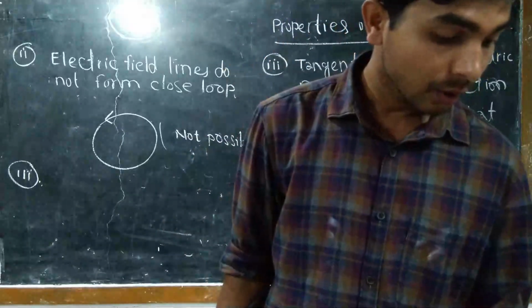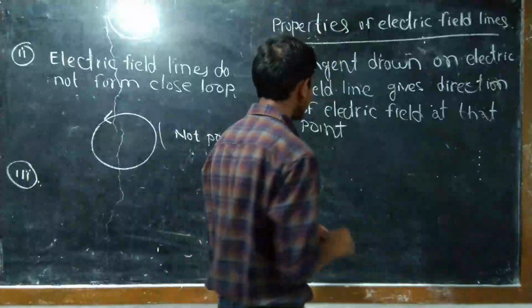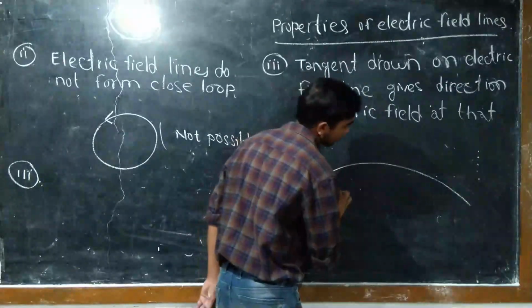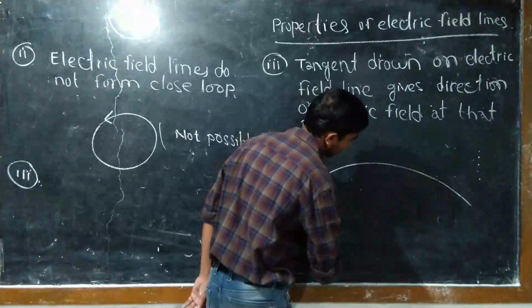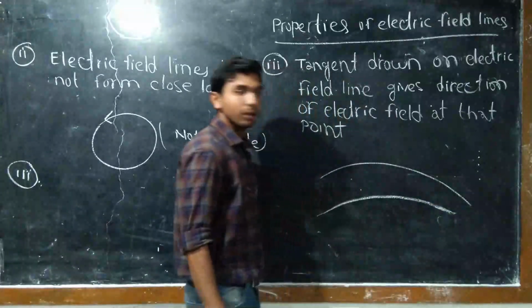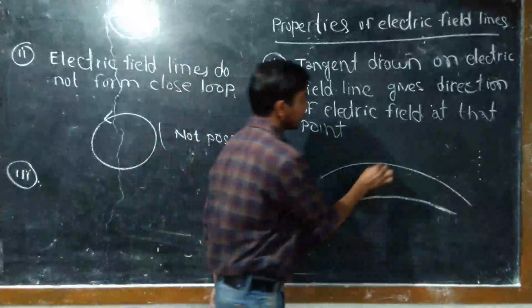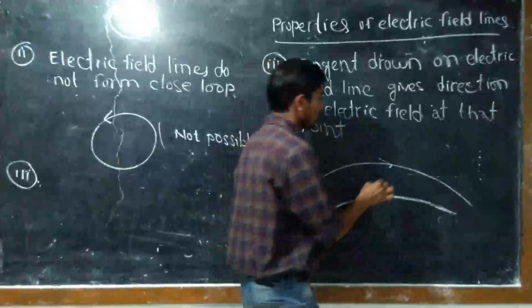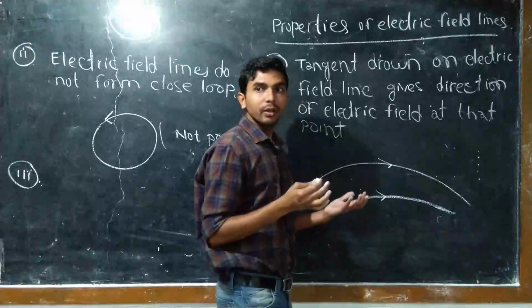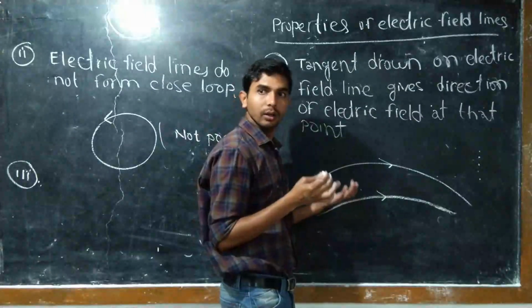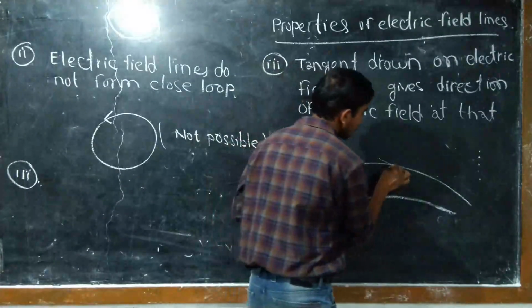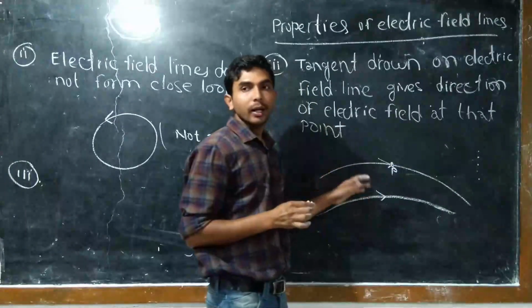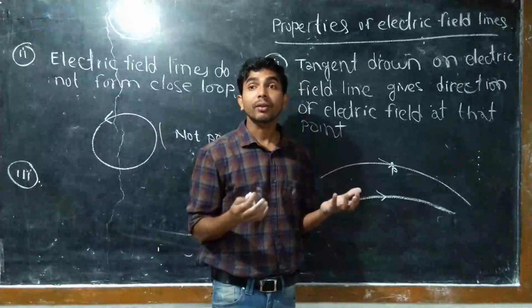Now you can see, suppose this is your electric field line. Suppose I am going to find the direction of the electric field at any point. Just draw a tangent at that point. Suppose this is a point P, and at this point we have to find the direction of the electric field.